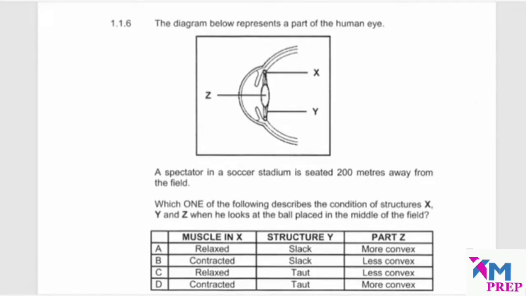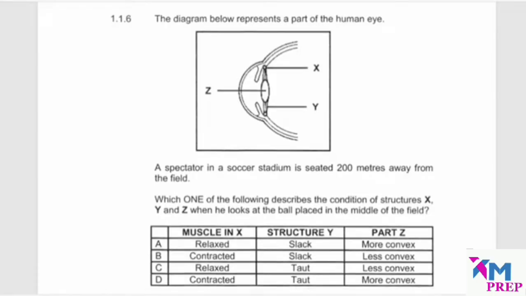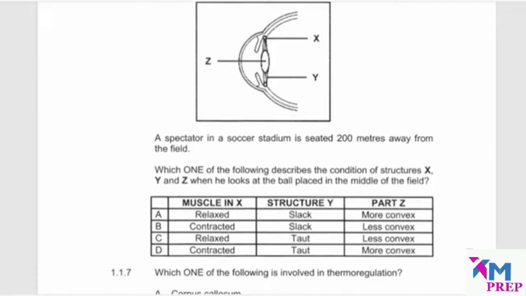They're saying that a diagram below represents a part of a human eye. A spectator in a soccer stadium is 200 meters away. It means that you are seeing an object which is far.